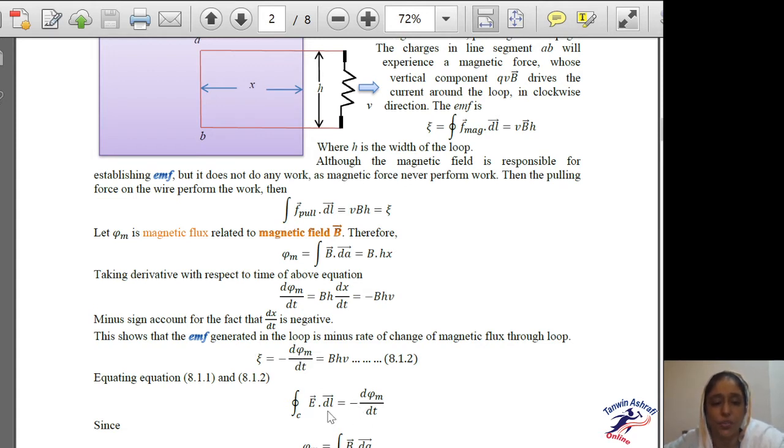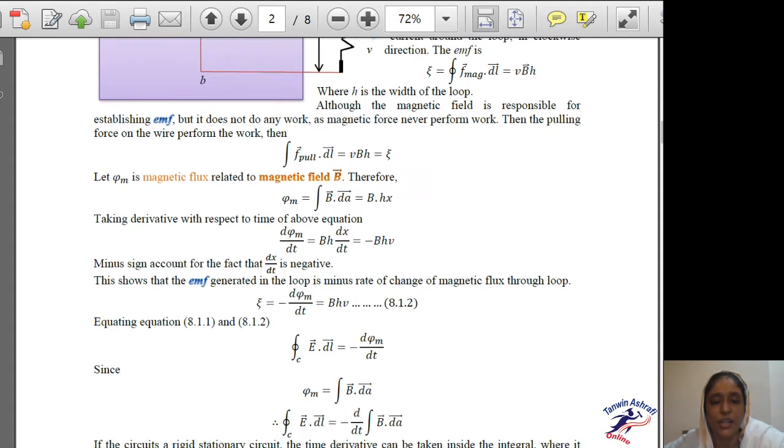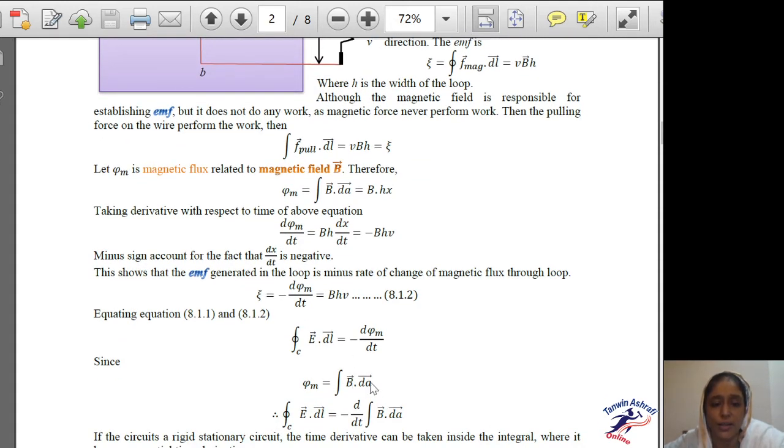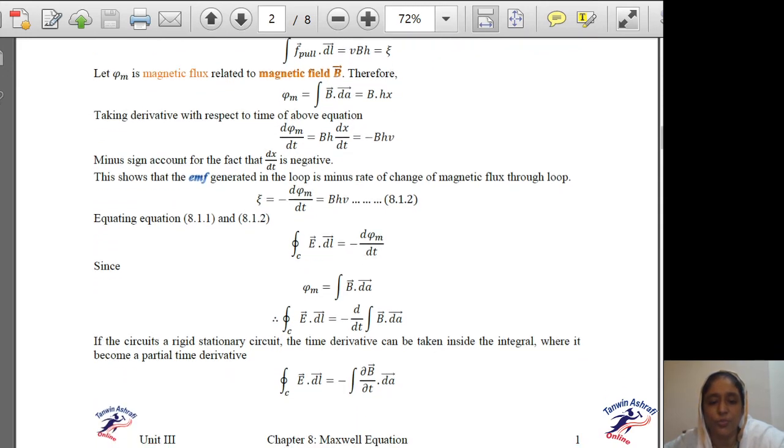If we equate both equations, phi m is nothing but the integration of the magnetic field over the area. If we substitute that in place of phi m, if the circuit is rigidly stationary, then the time derivative is taken inside the integration where it becomes a partial derivative, and therefore the integration over the closed path of E dot dl is equal to the integration of del B by del t dot dA.